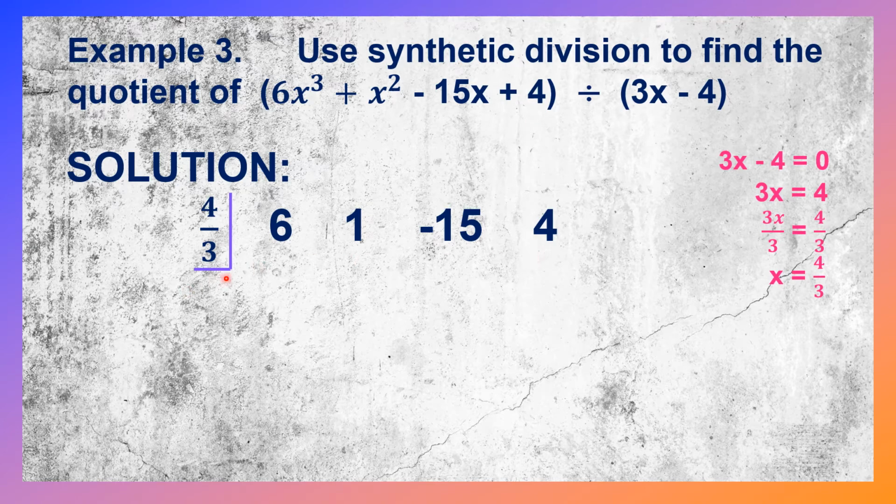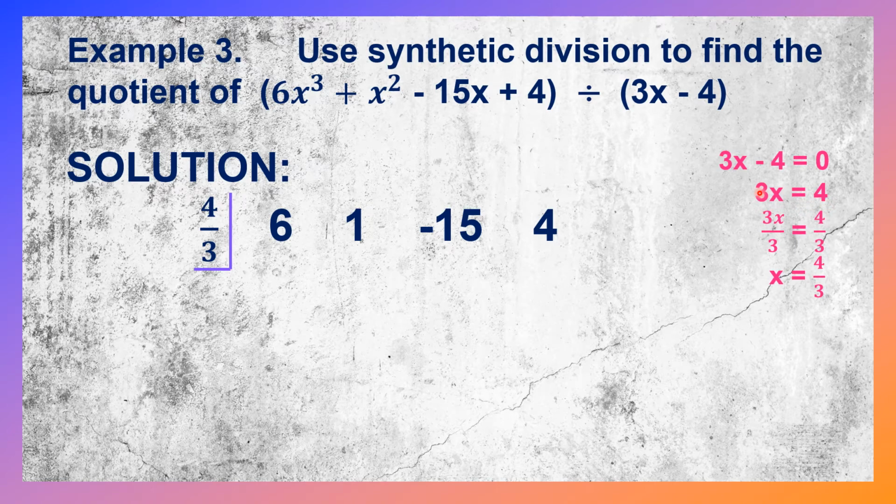And for the divisor, we need to equate 3x minus 4 to 0. Solving for x, negative 4 must be on the other side, so we transpose negative 4. So we have now 3x equals 4.